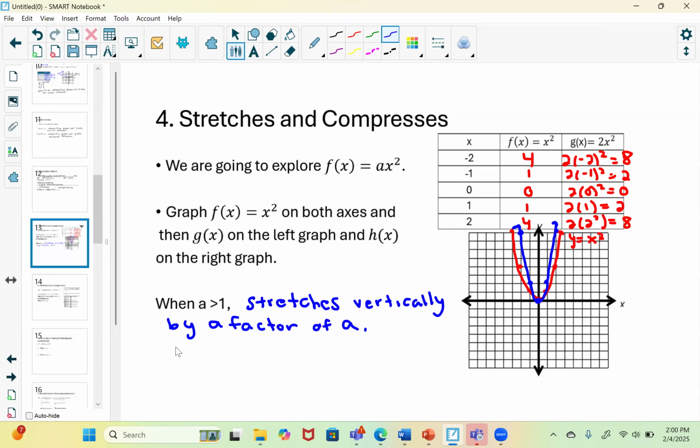And so what we're really doing is we multiply each y value by a. Okay, and again, we keep the x value the same. So that's when a is greater than 1.